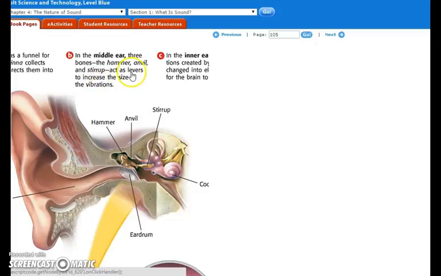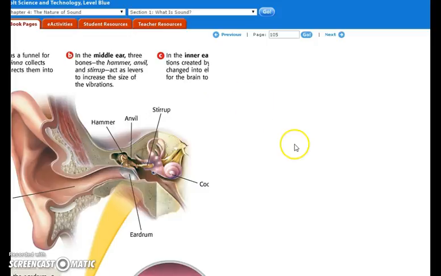They act as levers to increase the size of the vibration. So the lever is a mechanical feature that can be used to conserve energy. So they actually kind of bounce back and forth to amplify the wave that comes in, to make it more noticeable.